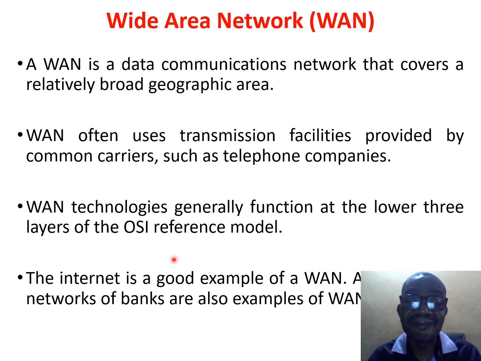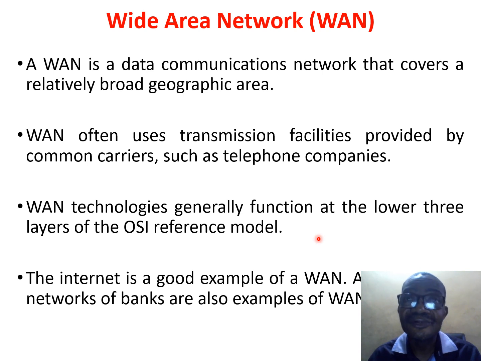One good example of a wide area network is the internet. The internet is the biggest example of a wide area network because it connects computers across the world. Also, a company that has branches across a country has a wide area network.